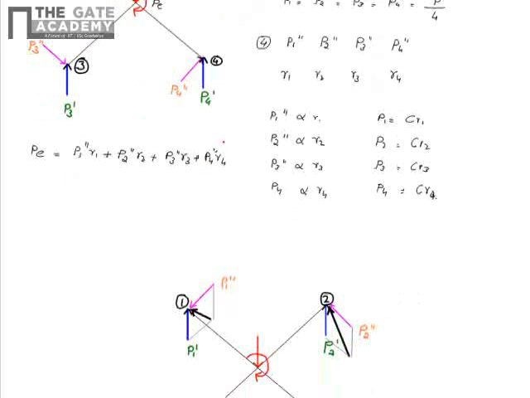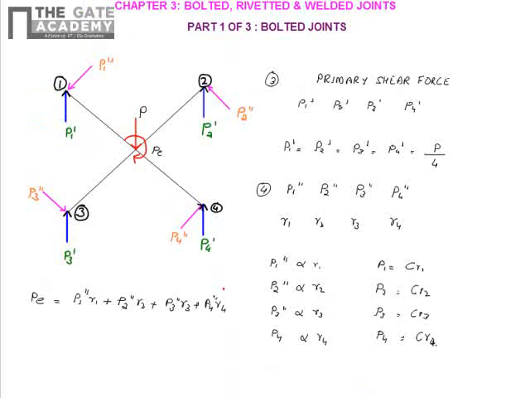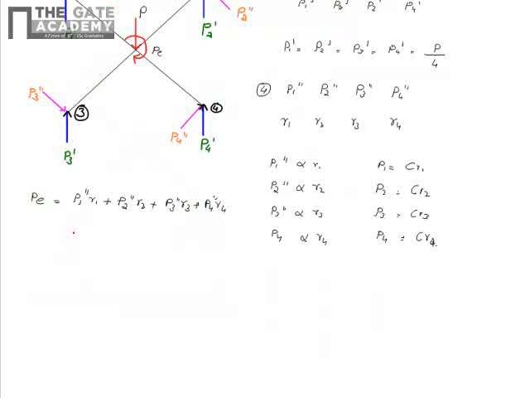Now, substituting the relation of P1, P2, P3, P4 in terms of C, R1, R2, R3, R4, we can write this as equal to C R1 square plus C R2 square plus C R3 square plus C R4 square. Here in this case, we can assume that R1 is equal to R2 is equal to R3 is equal to R4.